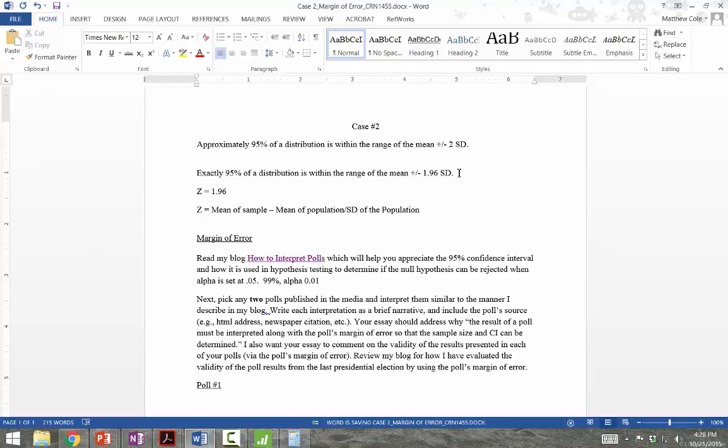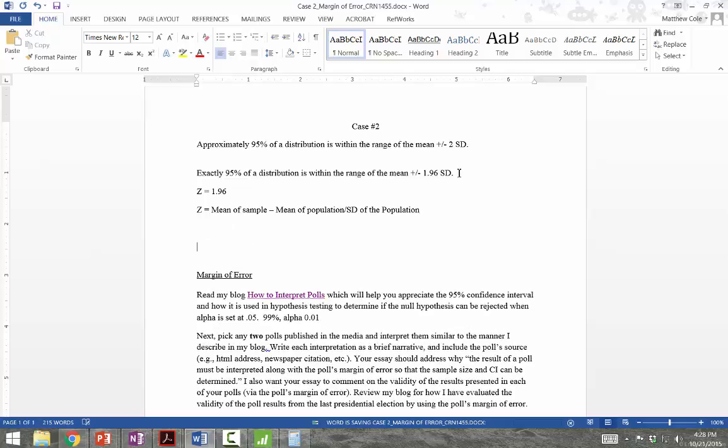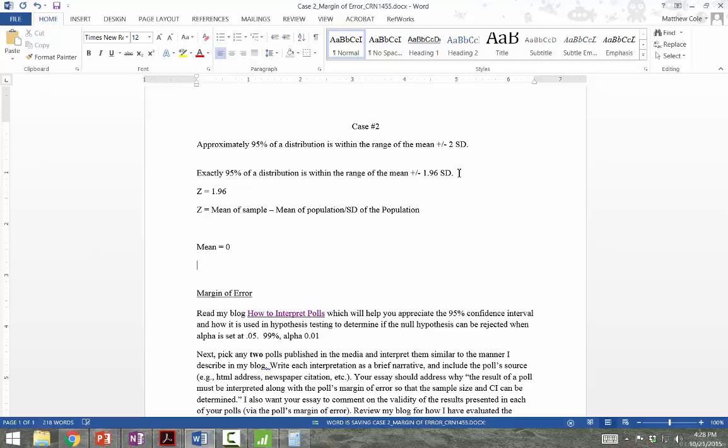So it's just turning any normal distribution into a standard distribution that has what? A z distribution has a mean of 0 and a standard deviation of 1. Hence, almost 2 standard deviations above the mean is approximately 95%. But exactly 1.96 standard deviations gives us exactly 95%.